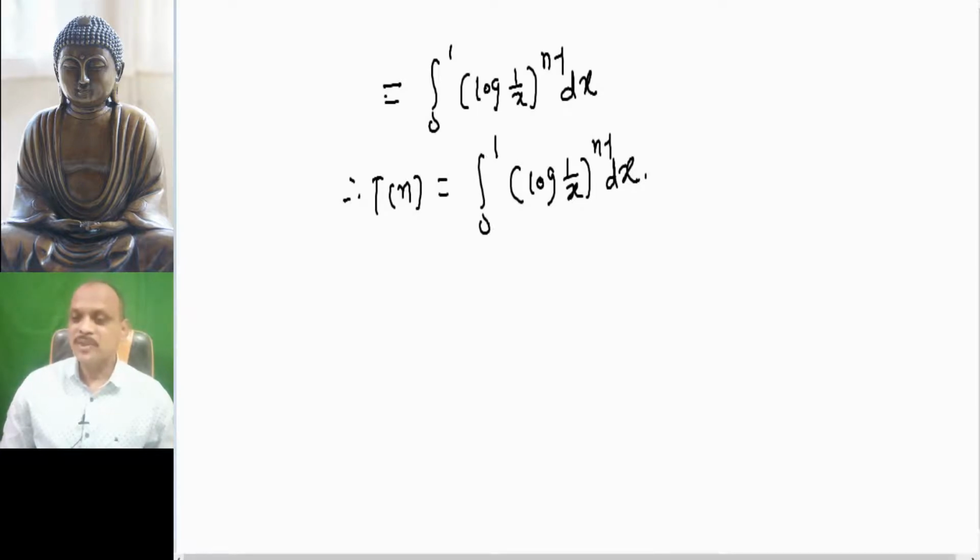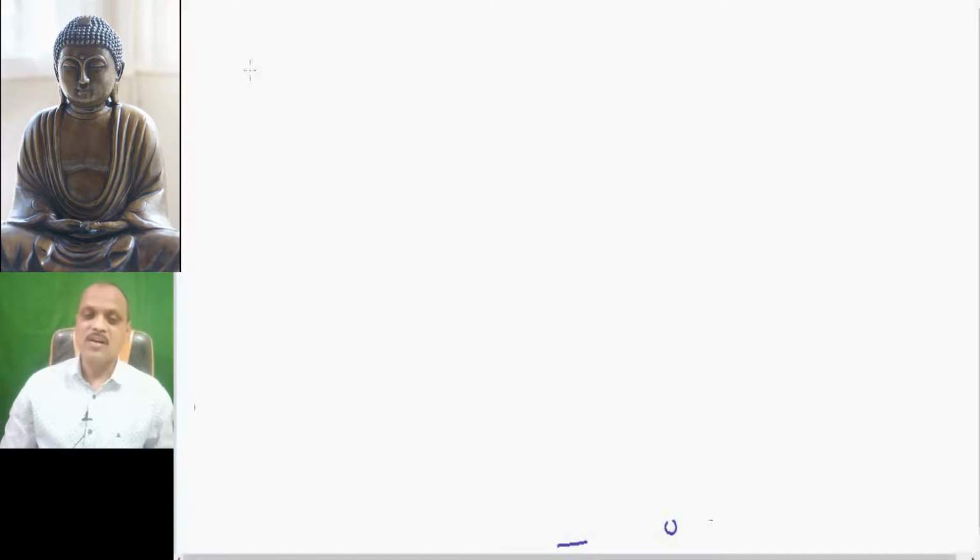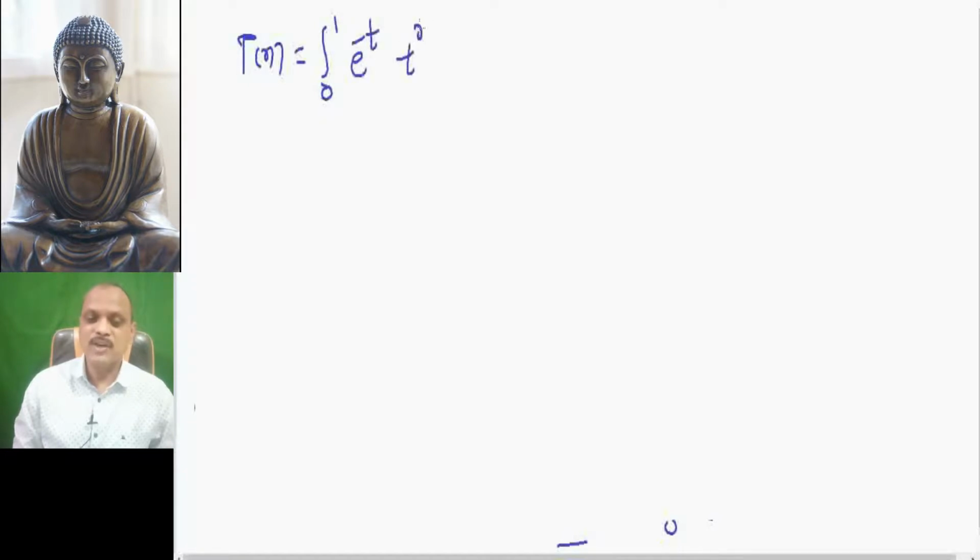Now friend, we apply the definition of gamma function to calculate one of the more important results, or gamma values. Gamma of n equal to integration 0 to infinity e raised to minus t into t raised to n minus 1 into dt.